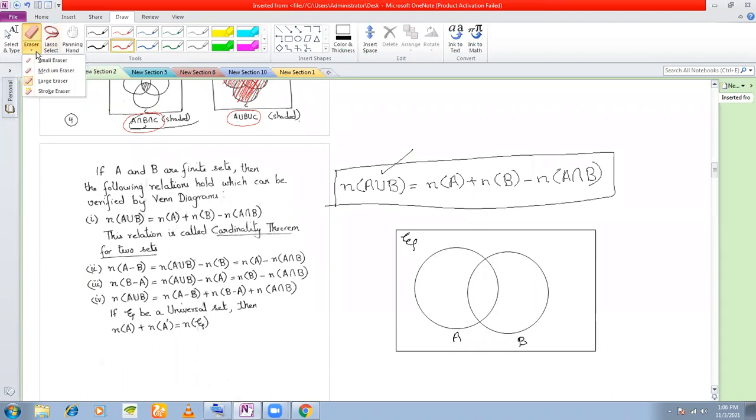Let's start from the right hand side. If you see the set A, which one is the set A? This one, right? All this is set A. You agree all this is set A? Yes, sir. Plus cardinality of set B. So now you must also agree that this is set B.